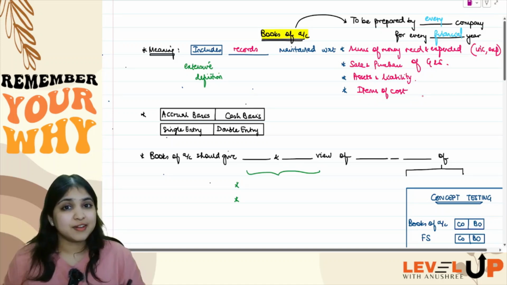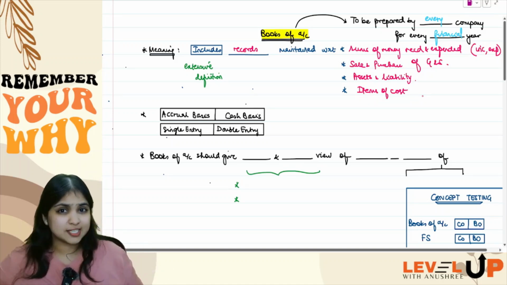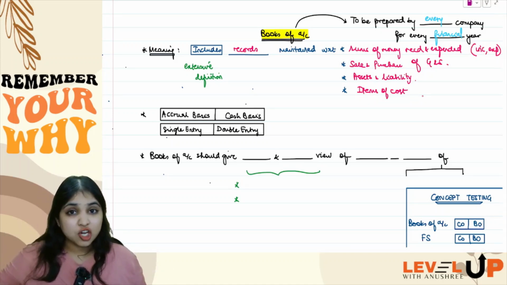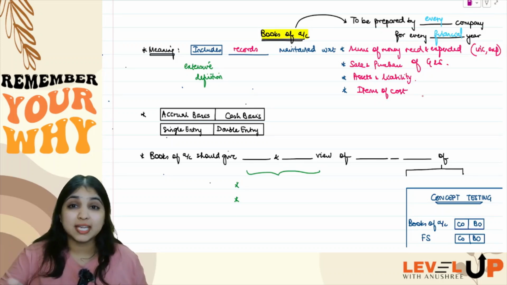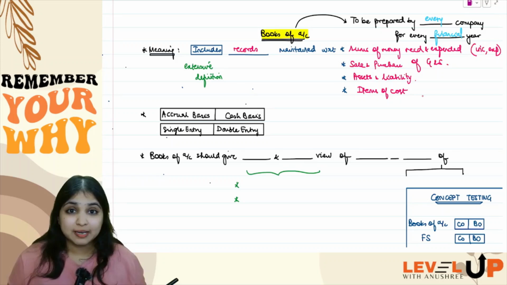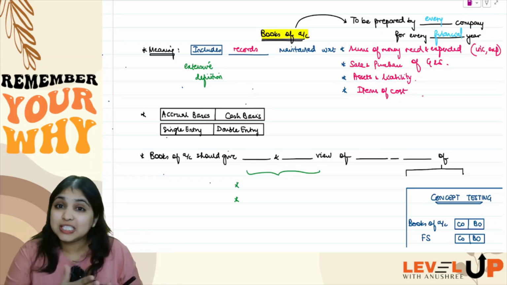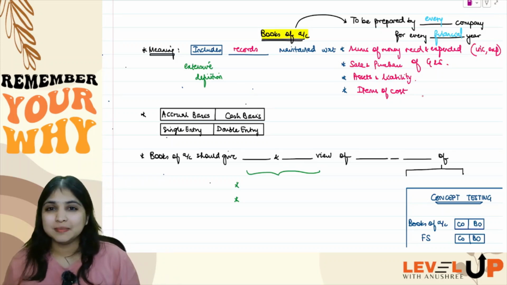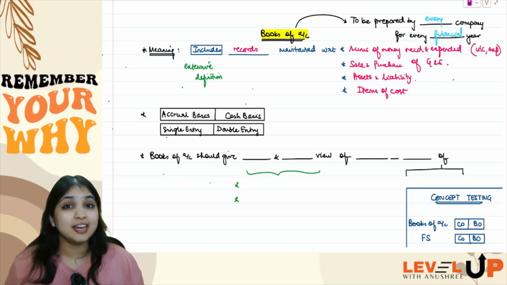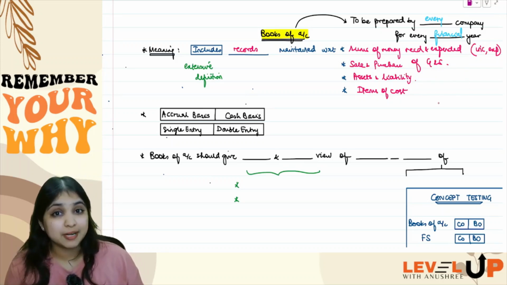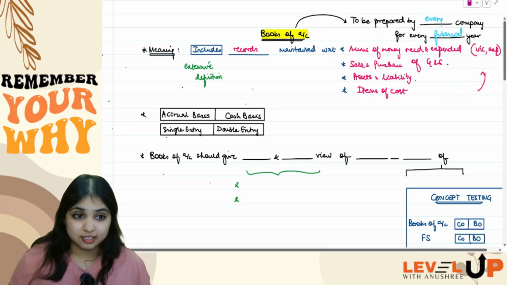Now, practically, if I see, how do we prepare books of accounts? We start with the journal book, guys. Journal, ledger, then we have the day books. You have your purchase book, sales book, your cash book, you have your trial balance. So till the trial balance, whatever you prepare, it all comes under books of accounts. Like for example, whenever you earn an income, or let's say you incur an expenditure, you'll be passing a journal entry.